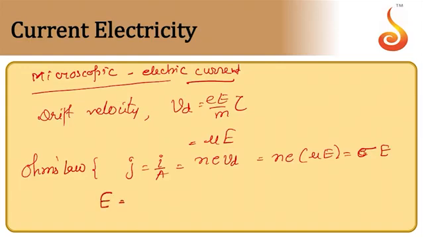So, you can write E is equal to rho into J, where 1 by rho is sigma. This is called the microscopic form of Ohm's law, or say the representation in terms of electric field, current density, and of course resistivity rho.